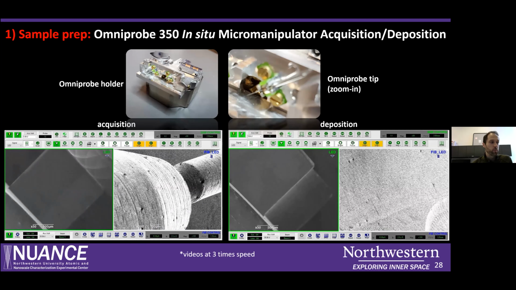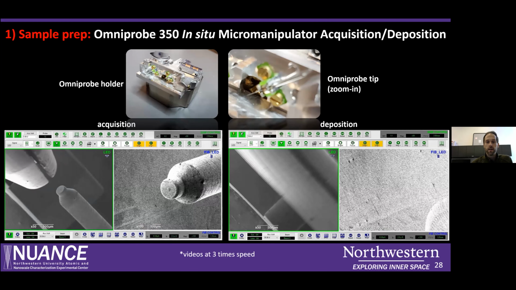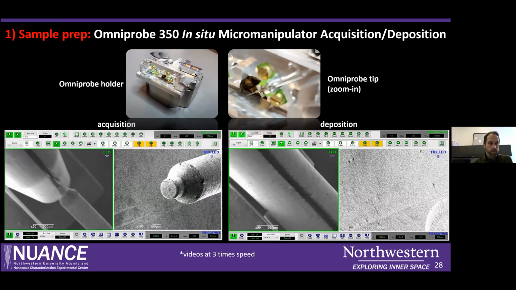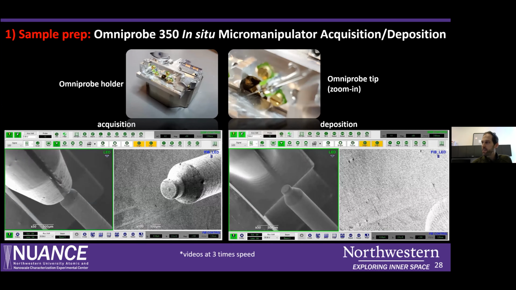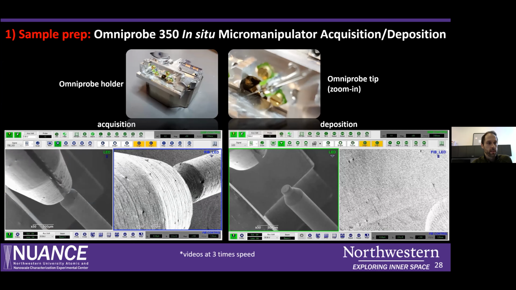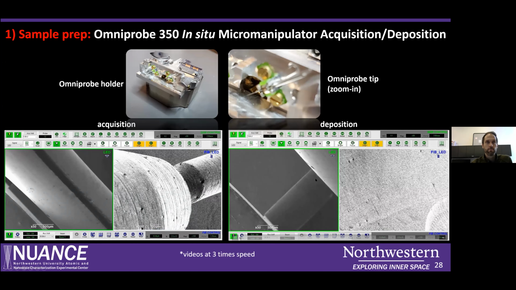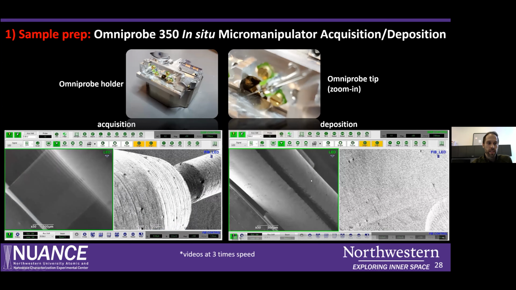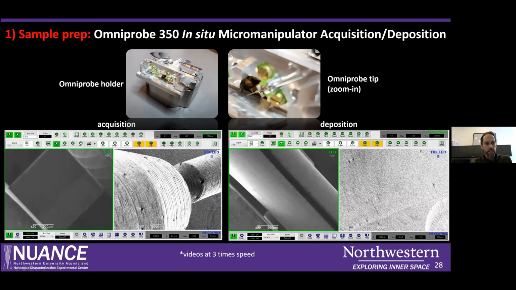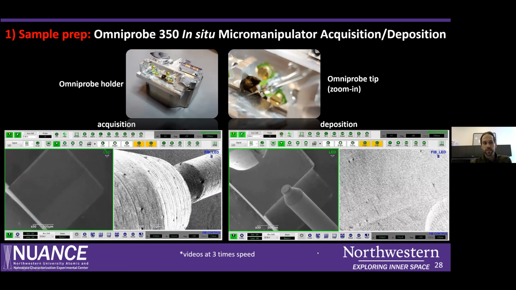So no need to pump down the chamber, change out the OmniProbe, and pump down the chamber again, like we have to do in our Helios. And it also automatically deposits the tips. I would say it takes about 1 to 2 minutes, and it automatically deposits in just a few steps.